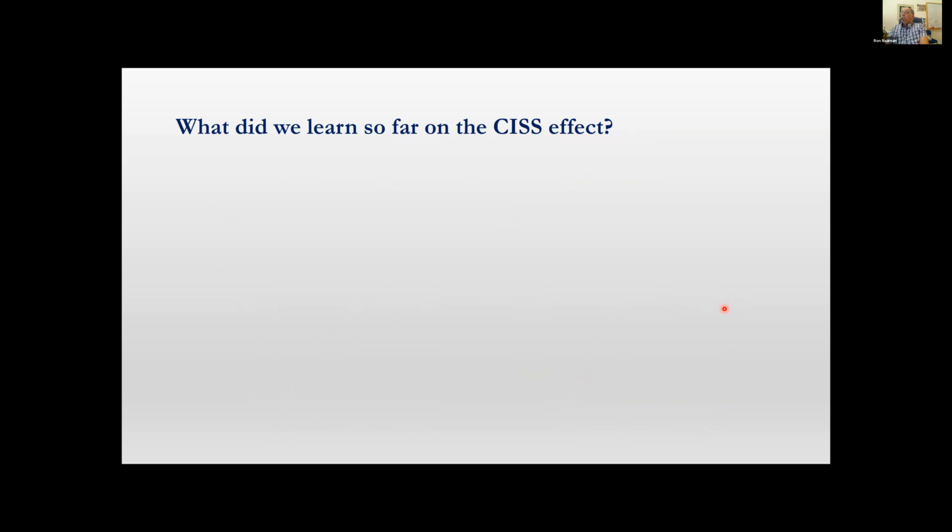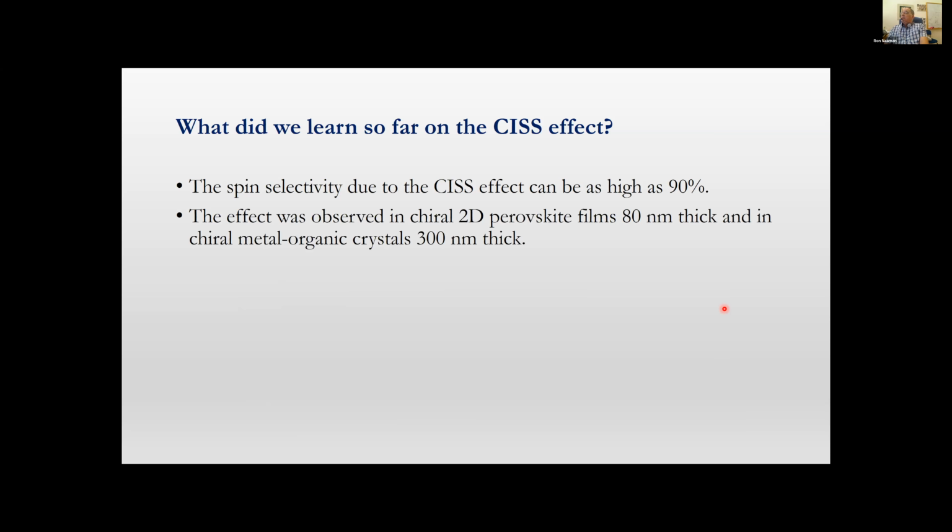So what do we know so far? We know that spin selectivity due to this effect can be very high. By the way, the effect was observed also in 2D perovskite films about 80 nanometers thick. The effect is proportional to the optical activity of the material.